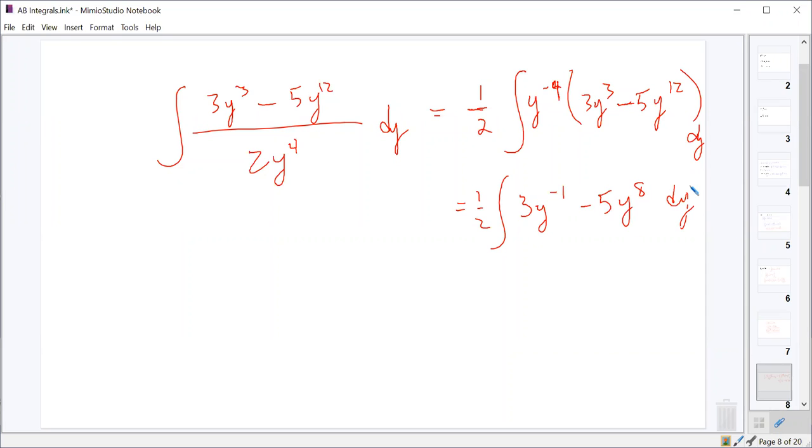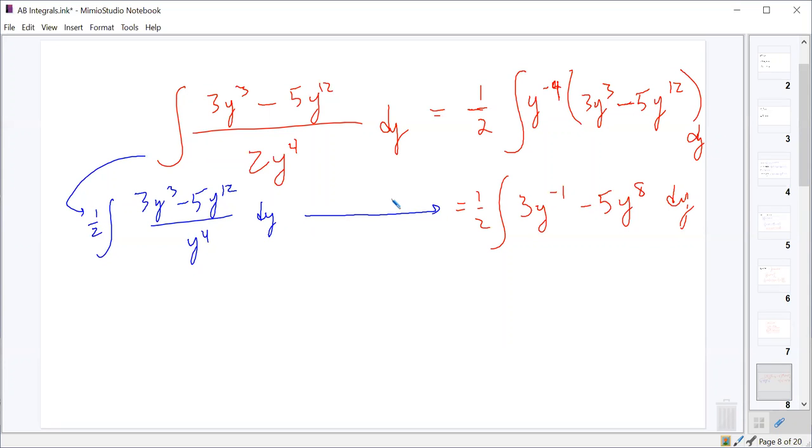Yeah. Okay, now real quickly, off to the side here, had we taken that 1/2 out over here and just left it as 3y cubed minus 5y to the 12th over y to the 4th dy, that would still become this, right? We would just divide the y cubed by the y to the 4th, and that'd give us y to the negative 1, and the y to the 12th divided by the y to the 4th to get y to the 8th.